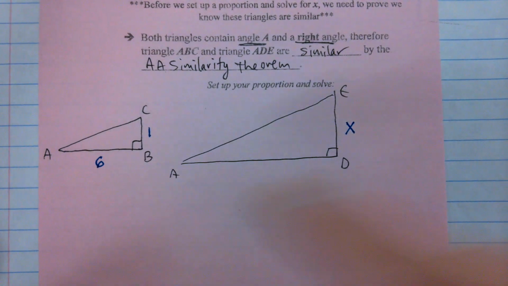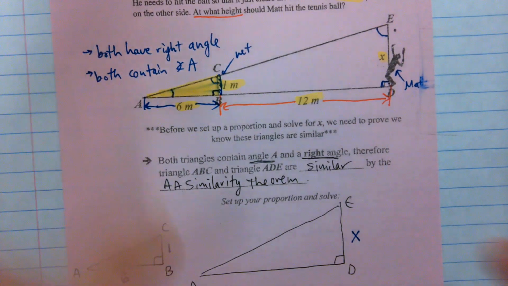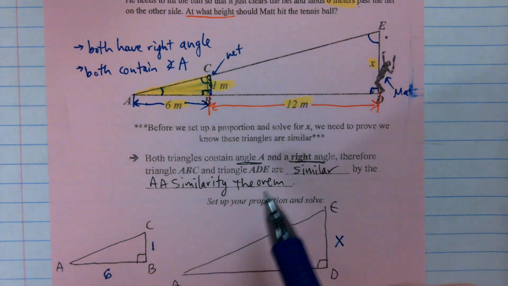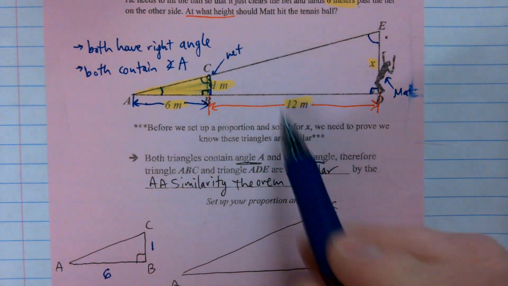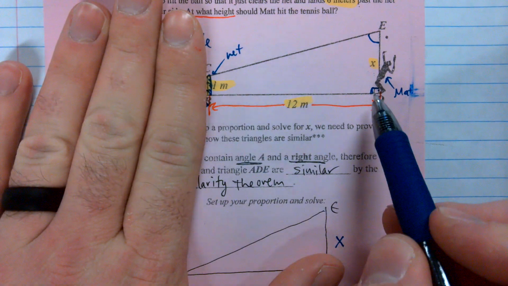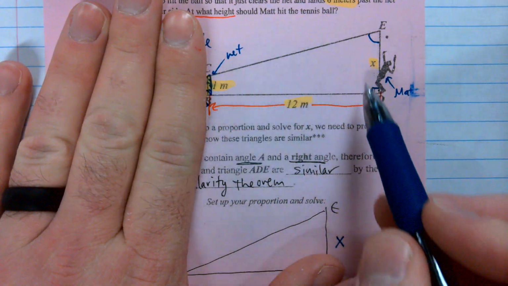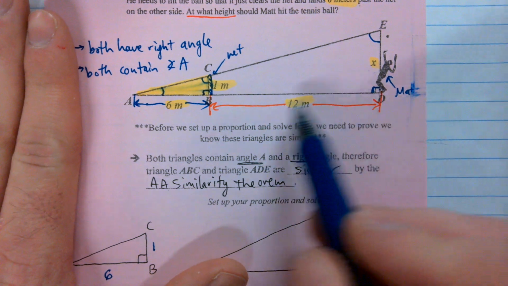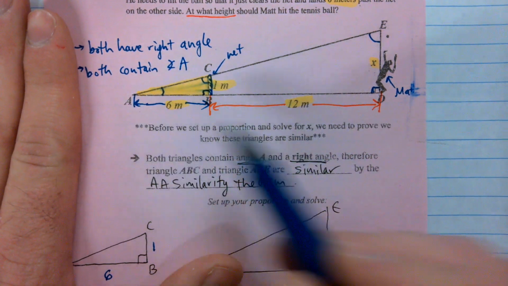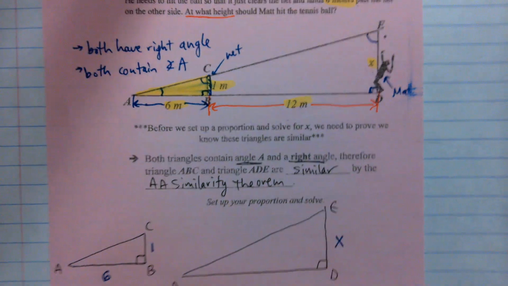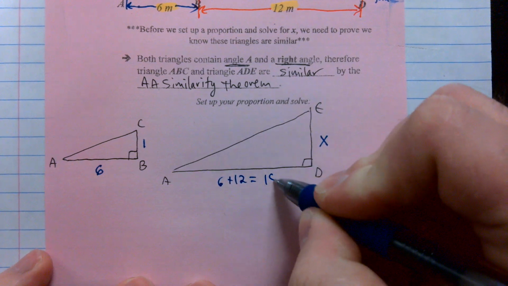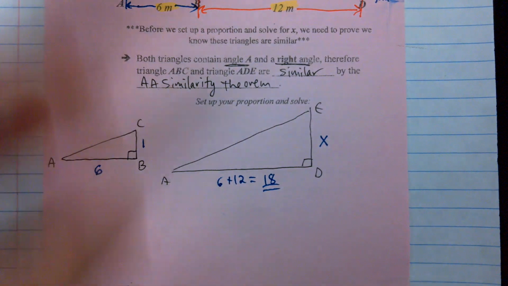And think about this for a second. What's the length of my base for my large triangle? Good. I love that you said 12, but 12 is from here to there. That's not my entire triangle, right? Ida, what did you say the entire base was? 18. 6 meters here, 12 meters there. 6 plus 12 gives me 18.